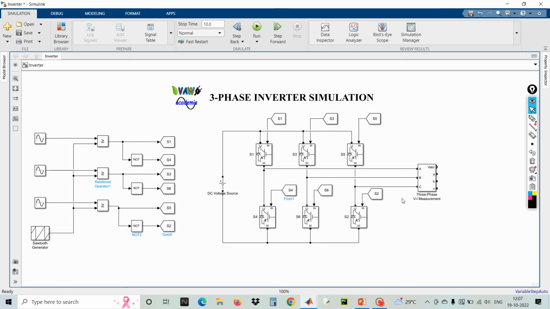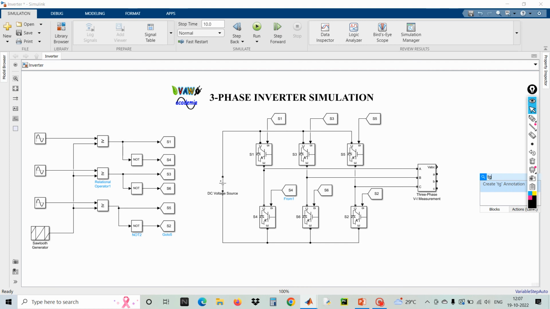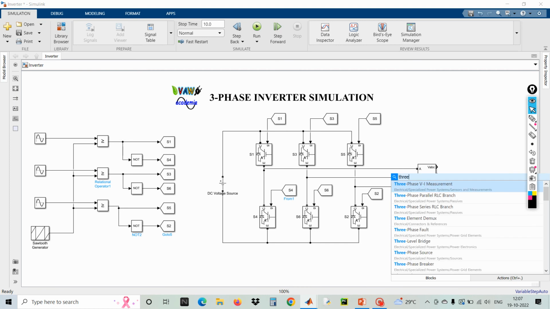This circuit should be connected with a load, in a closed loop, and that should be connected with the ground. So I need a three-phase parallel RLC branch.